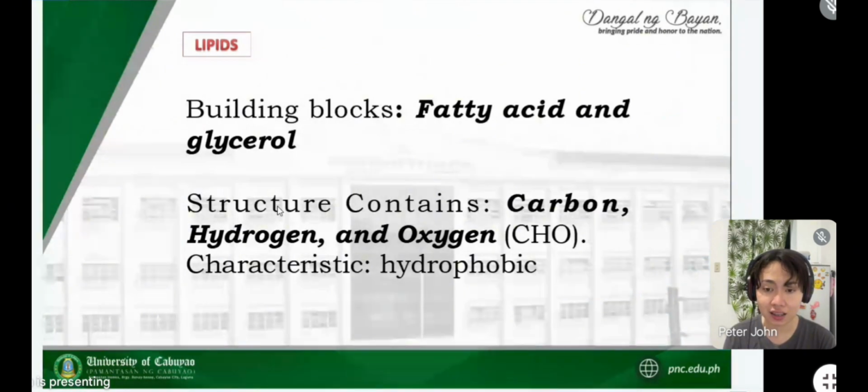Again, they are fatty acid and glycerol. So, almost similar with the components of carbohydrates, carbon, hydrogen, and oxygen. So, ganun din siya. Ang pinagkaiba lang nila is that it provides more energy mismo rather than carbohydrates. So, ang characteristic niya nga lang is hydrophobic.